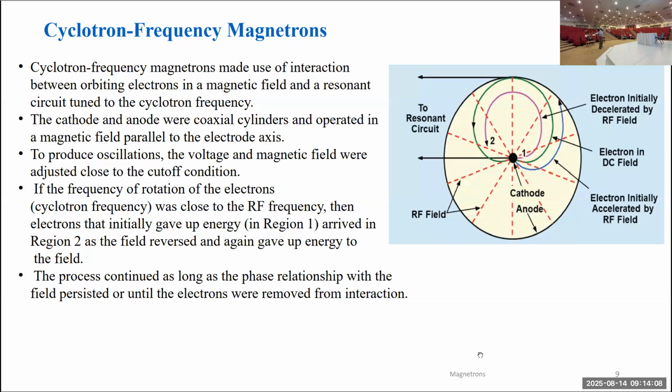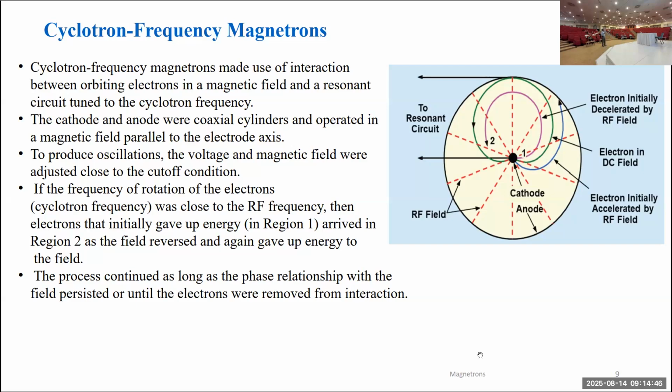There is a resonant circuit attached to this magnetron, and those electrons which are moving here and come to region 1 contribute to the resonant circuit. They induce RF in the resonant circuit, and at this region again they contribute RF to the resonant circuit.